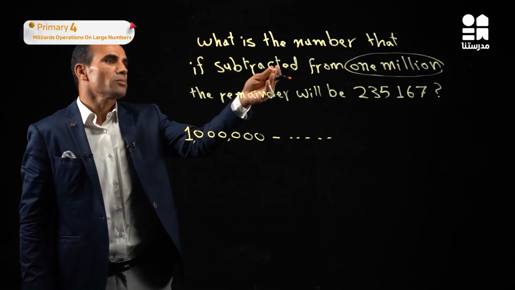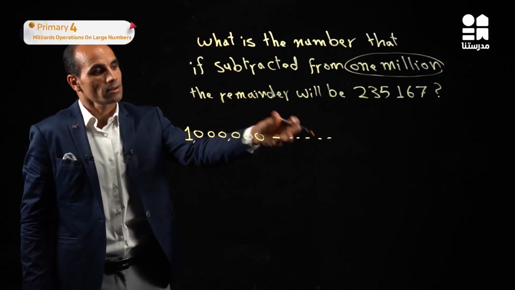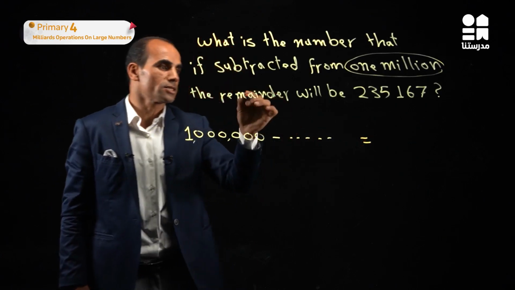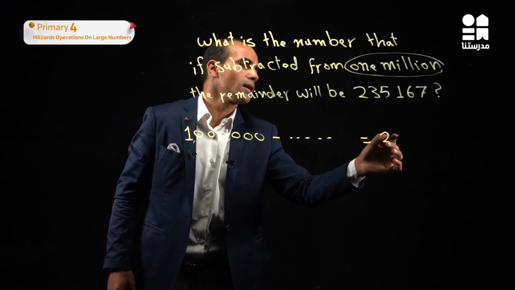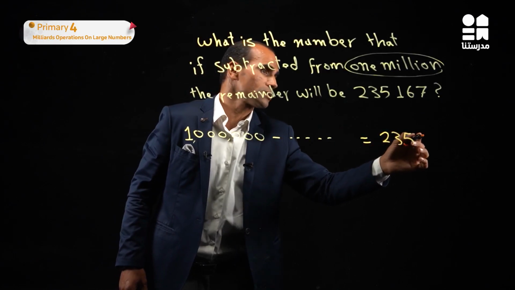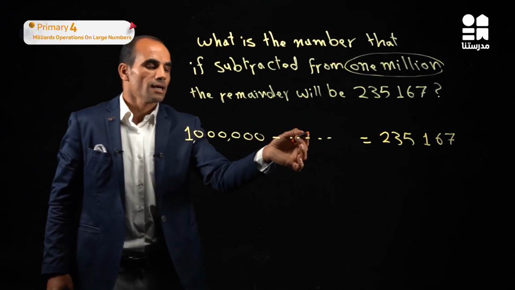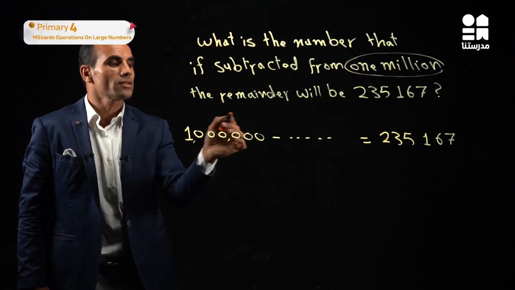The number here we subtract from 1,000,000. The result or the remainder, this is called remainder or difference, will be 235,167. So how do we get the number here? Now we have here the minuend.